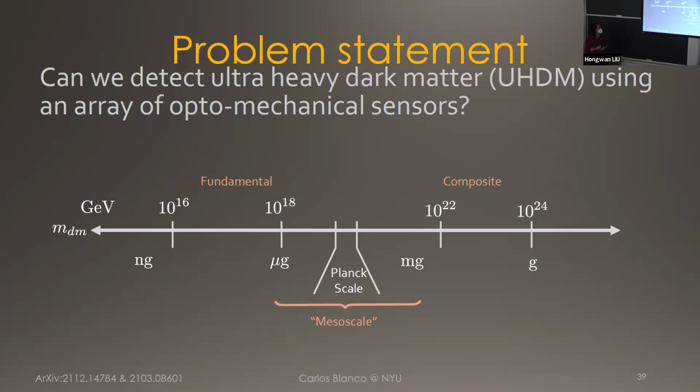And the reason why that might be interesting is because there's another interesting coincidence, which is that for semiconducting masses of order microgram to milligram, you're talking about masses that also line up to be roughly the quantum mass. And so one question that we were asked by some collaborators at Purdue was, can we use these mesoscopic masses to detect ultra heavy dark matter?